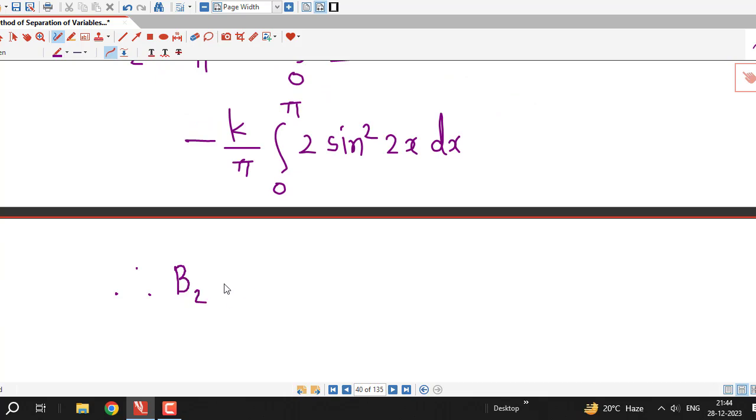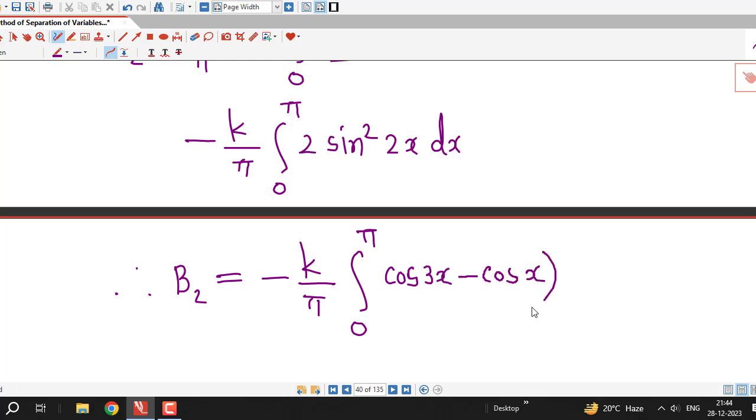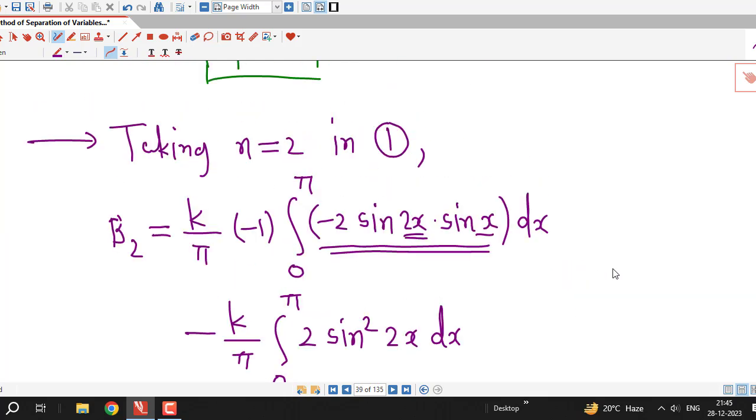Therefore b2 equal to, and I have negative sign outside the integral, 0 to pi cosine of 3x minus cosine of x integral with respect to x. I have written for this, and this I will rewrite as 1 minus cosine of double of this angle, that is 4x.